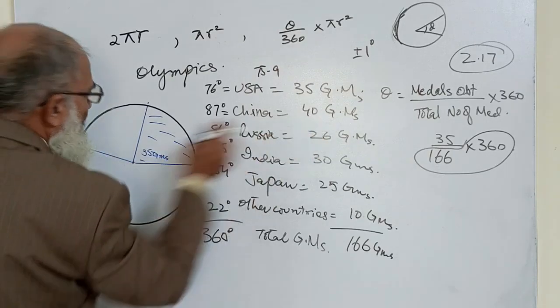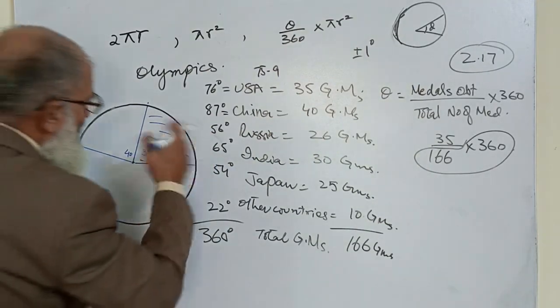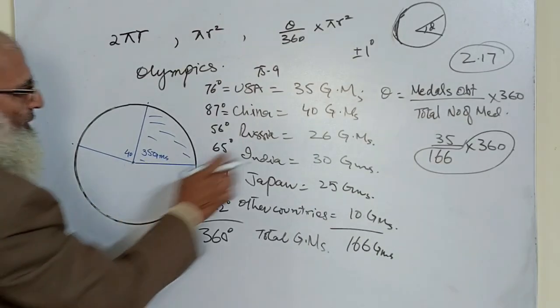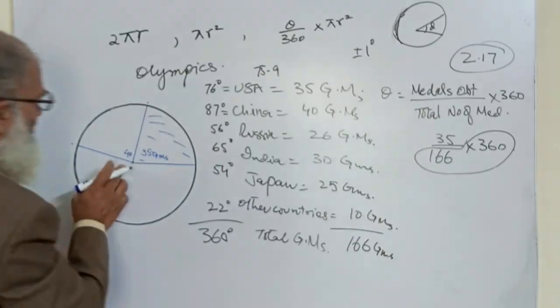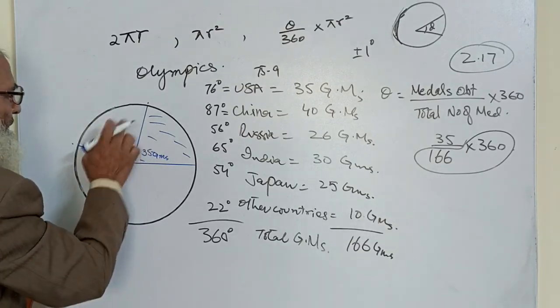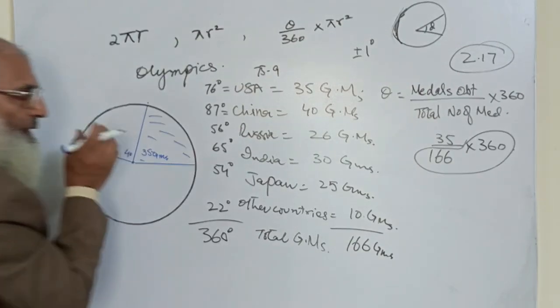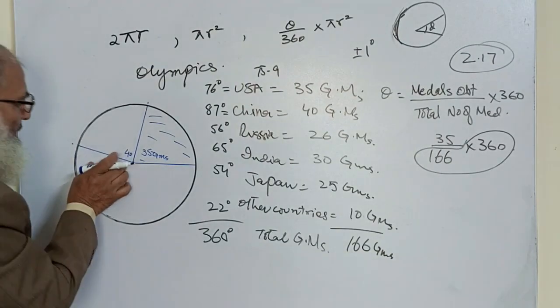Now how many are 40? Okay. Let me draw all the angles first. Russia 56 degrees. Similarly, now this is the base angle. This is the tail of the second angle and the head of the third angle.